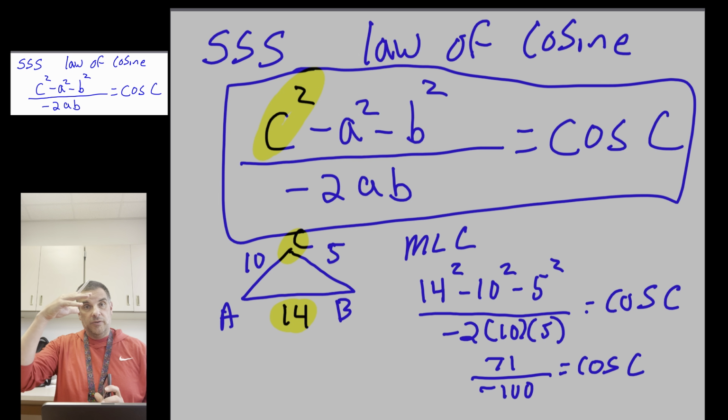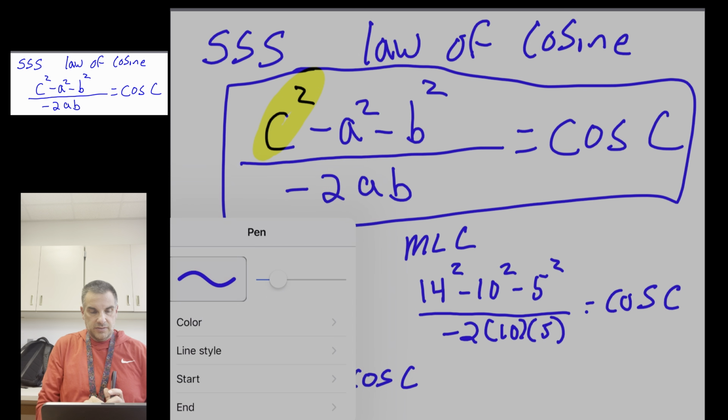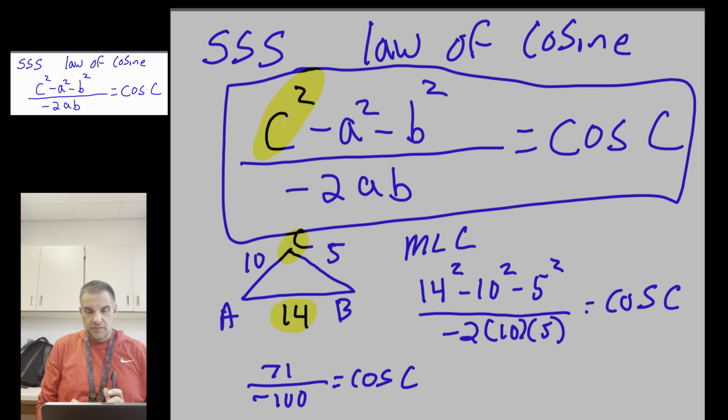And remember when we found the measures of missing angles, the way we solved this is we went inverse cosine of 71 over negative 100.